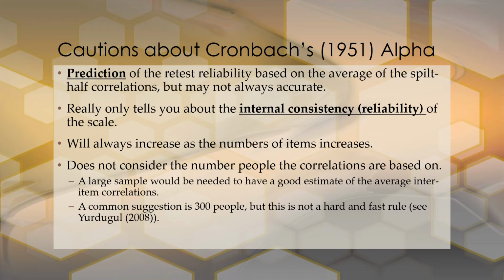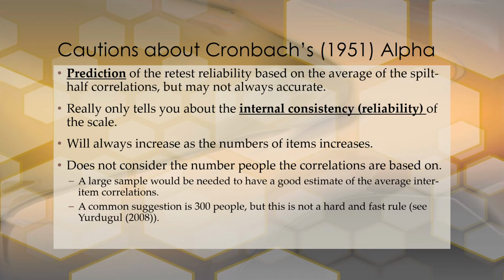It's not really about whether, if we take this test one time, it will correlate with the test the second time. It really only tells you about the internal consistency, or the internal reliability, of your test or scale. It's trying to predict your retest reliability, but in reality, all we are measuring is the internal consistency, the correlations between your items on your test at one time period, not multiple time periods.